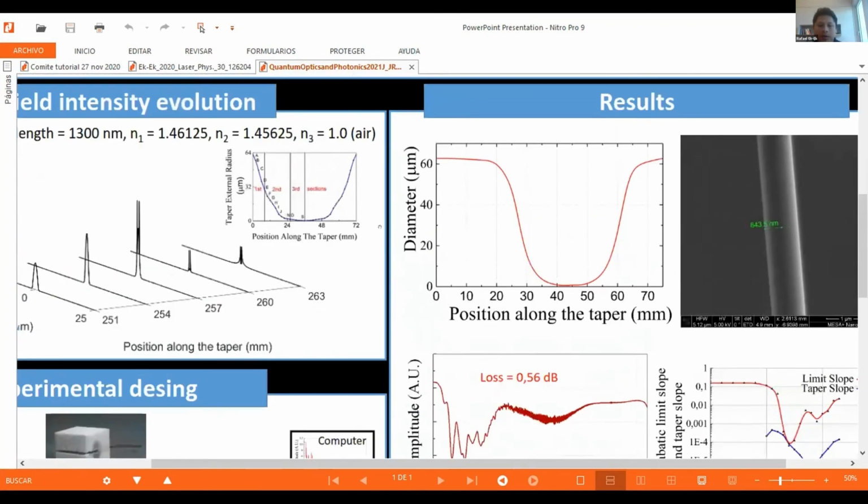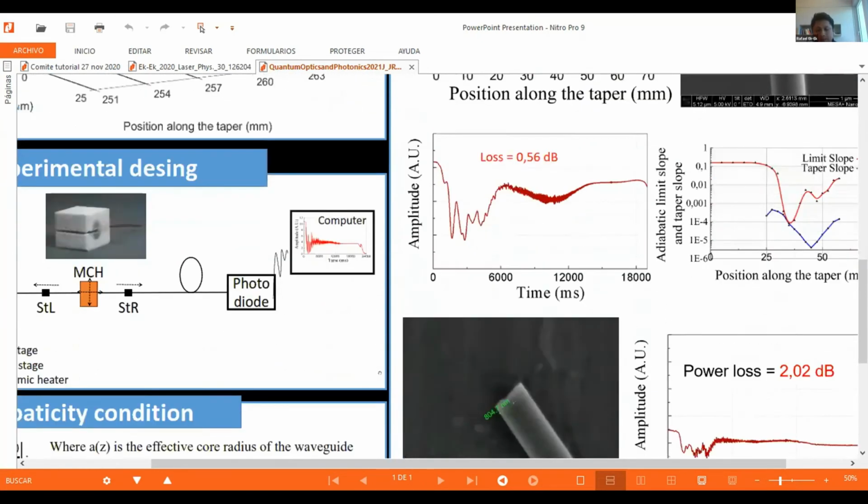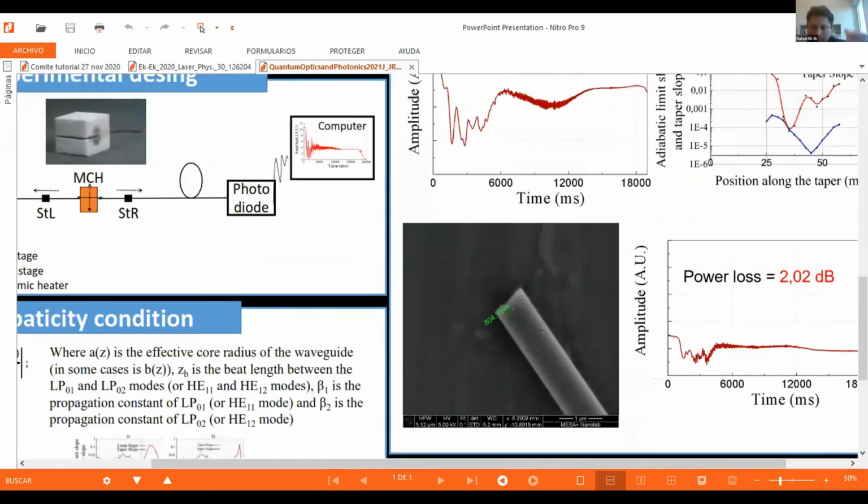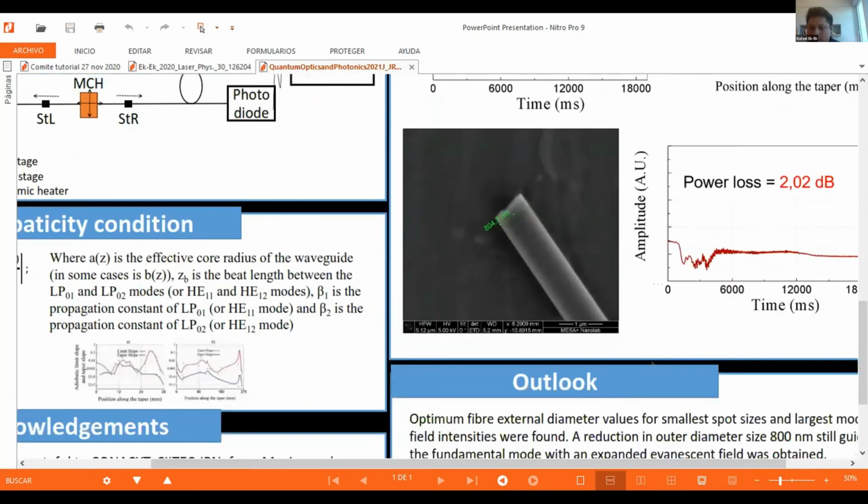Also, we can prove it with the equations. Now we are trying to measure the diameters of the taper without breaking the fiber. For example, I show you here that when we go to the SEM, it is a challenge to manage this kind of diameters because they are too thin.